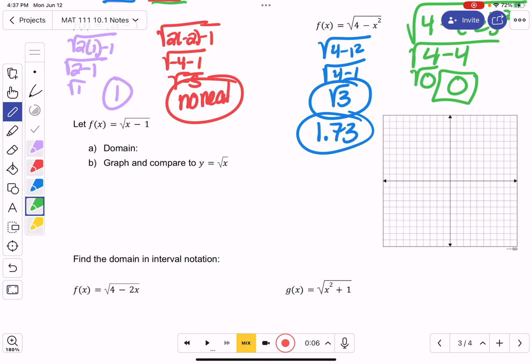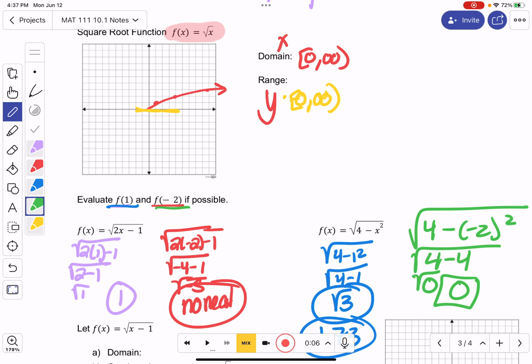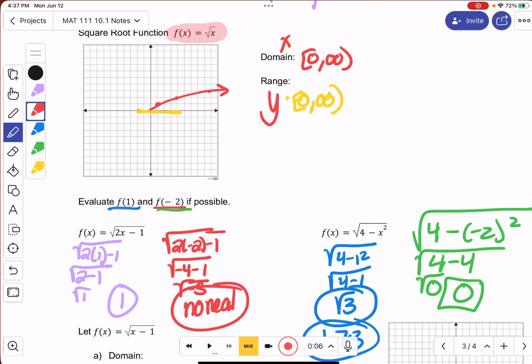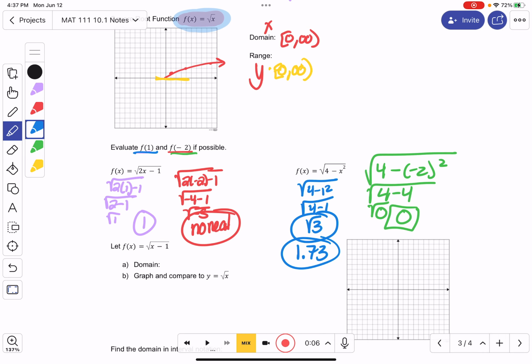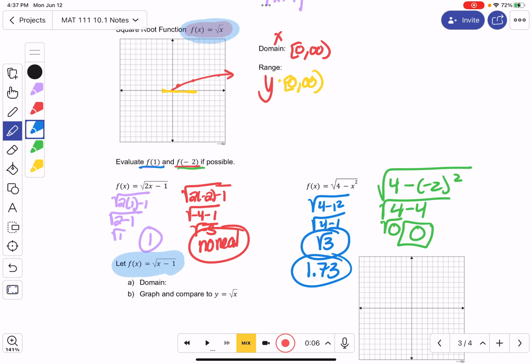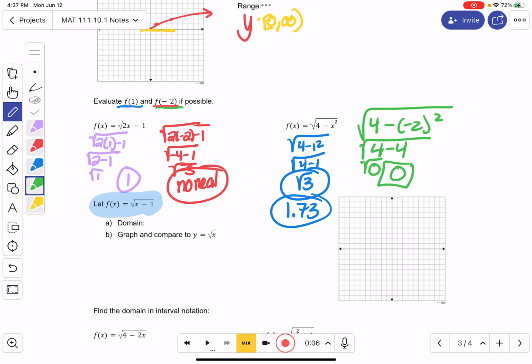All right, let's look at this equation. Well, if we compare up here, our f of x is the square root of x, to this one right here, f of x is the square root of x minus 1. We notice in the equation, under the radical, there's a -1. On the graph, it's going to look like this.